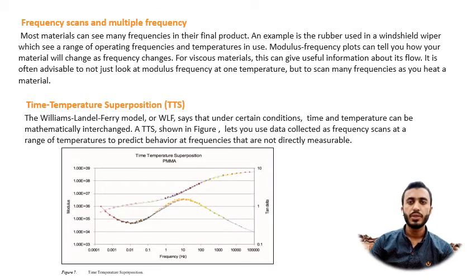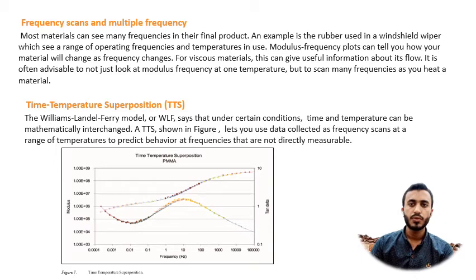Now let's discuss frequency scan systems. Most materials see many frequencies in their final product. An example is the rubber used in a windshield wiper, with a range of operating frequencies and temperatures in use. A modulus frequency plot can tell us how much a material will change as frequency changes. For viscous materials, this can give useful information about flow.